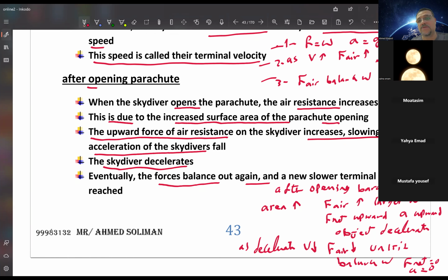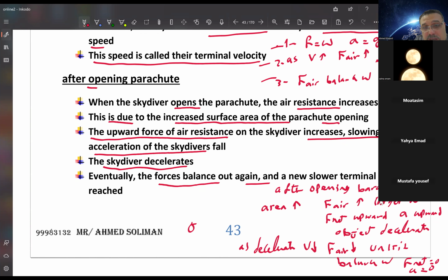Sir, can you repeat one more time, the last 3 points after the increased surface area of the parachute? After opening parachute, what happened? Area increases, so air resistance increases, becoming larger than weight. So now resultant force becomes upward because the air resistance is greater than weight.